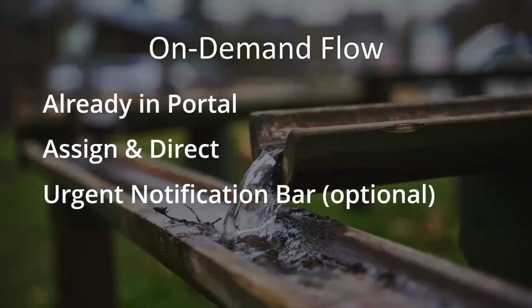There are two different types of flows. There's an on-demand flow. It's a sequence for someone who's already inside your portal. They're already floating around, going places, but when you assign this flow to them, it'll direct them to this set of steps and direct them to do certain things.